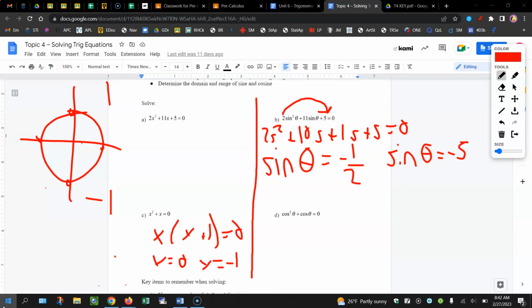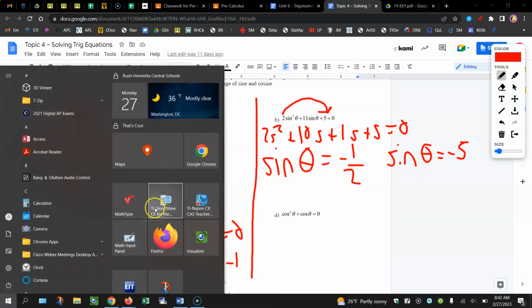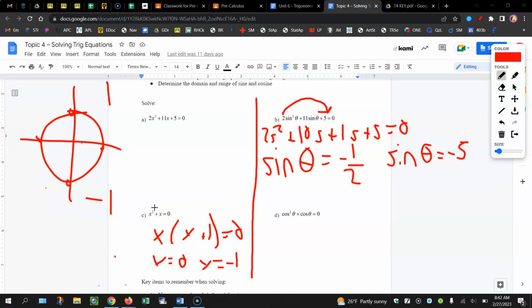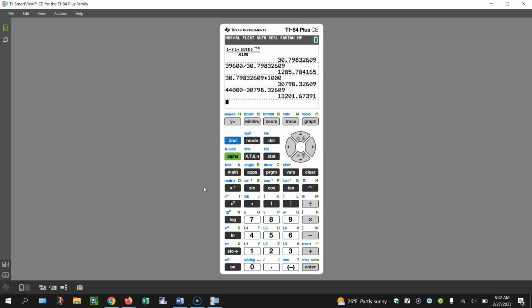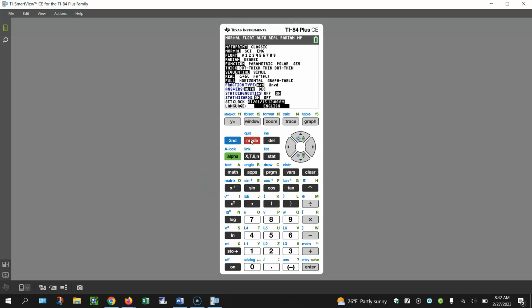I'm going to have to bring up my calculator to show you a couple of things here. So essentially what we need to do is solve for theta. We need to undo the sine part. In order to do that, we're going to use our calculator. Make sure you're in degree mode.